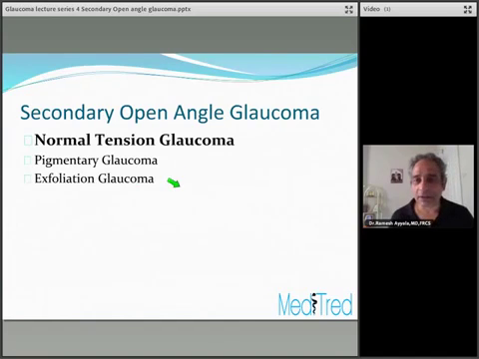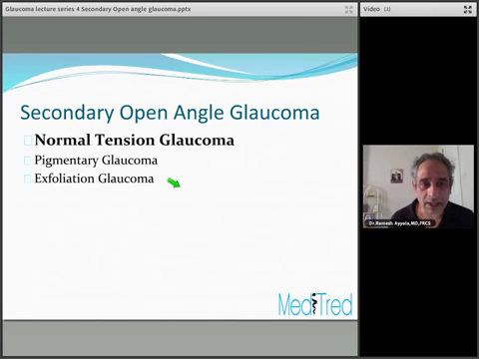Secondary open-angle glaucoma could be divided into 3 categories: normal tension, pigmentary glaucoma, and exfoliation glaucoma. When we talk about secondary, we are distinguishing these kinds of glaucomas from the primary open-angle glaucoma that we discussed in lecture number 3. So these are variations of primary open-angle glaucoma.